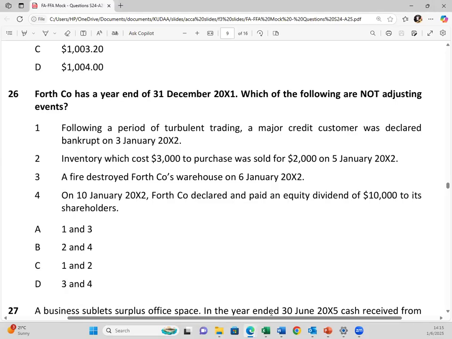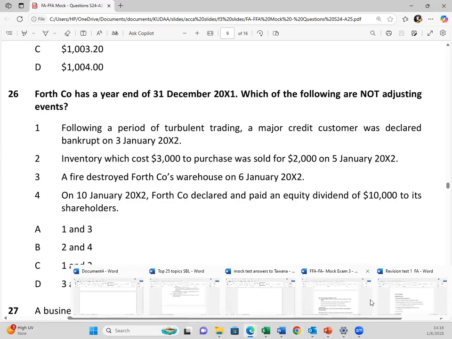Then number 4, again, is after the year end, and another issue is dividend. So the dividends declared or paid are not adjusting. As long as they have been paid after the year end, they are not adjusting events, unless they said dividends paid were not recorded. But as long as they are paid and declared after the year end, then they are not adjusting events. So 3 and 4. Let's move on to the next question.